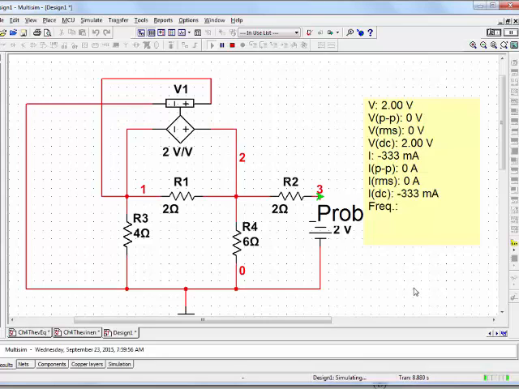So I have 2 volts is minus 333 milliamps. 1 volt is minus 167 milliamps.